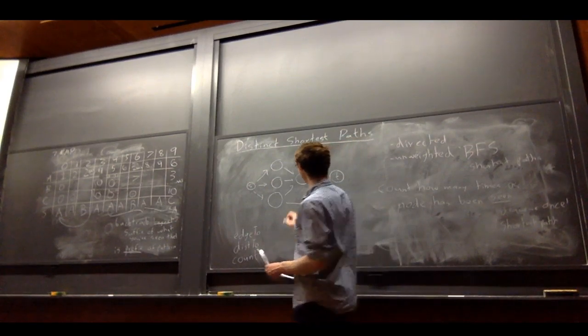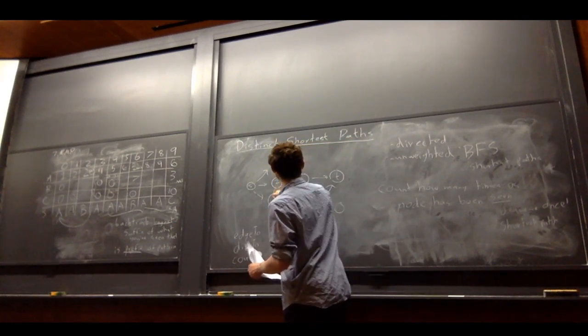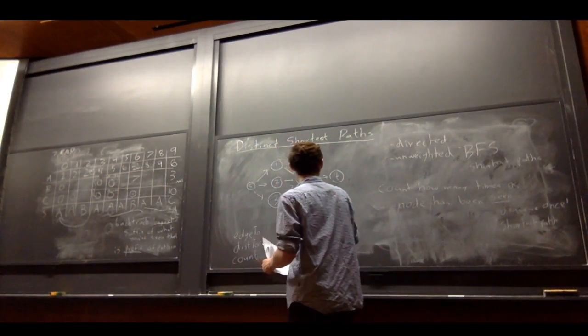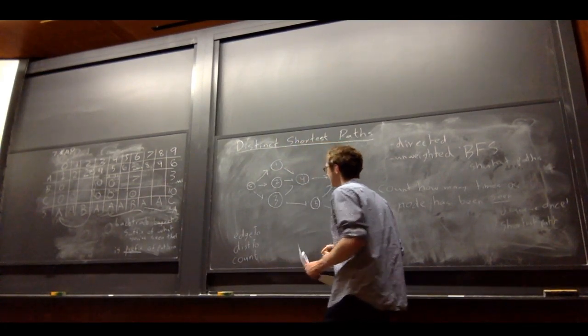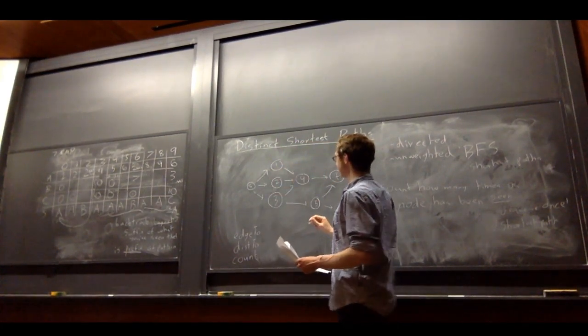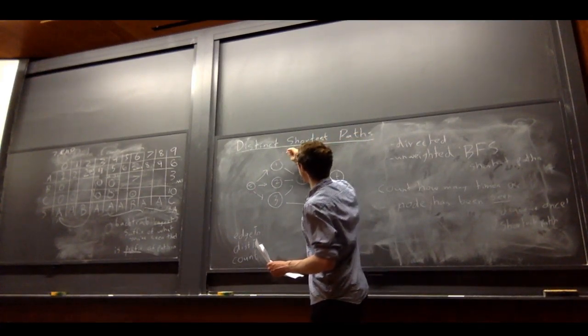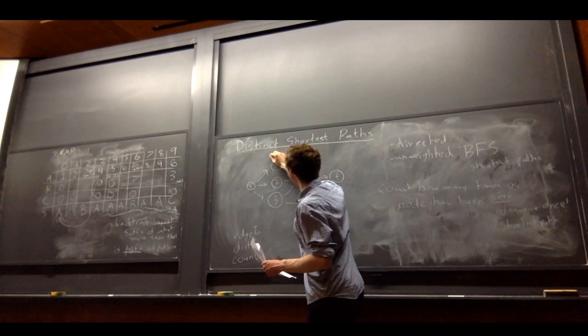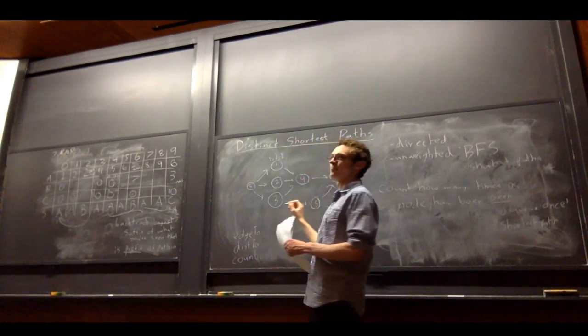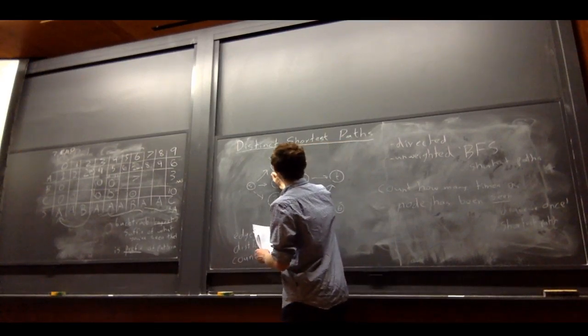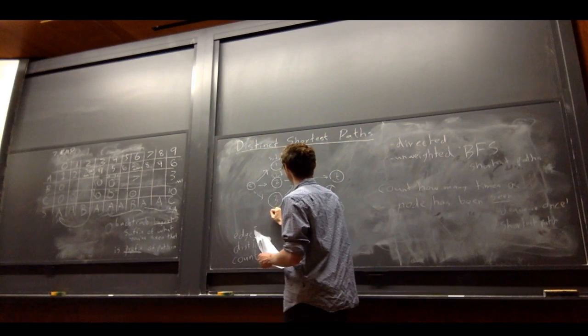I'll give all of these nodes numbers. Why not? So if we start from S, then what we're going to get for 1 is we'll say it has an edge from S, a distance of 1, and we've seen it 1 time. And we'll do this for each of its neighbors.